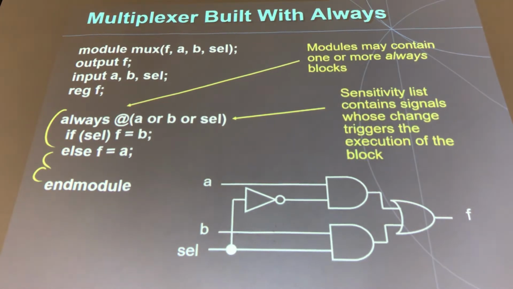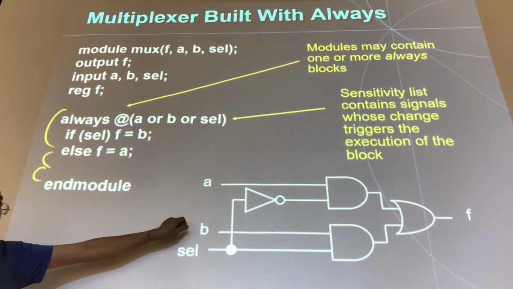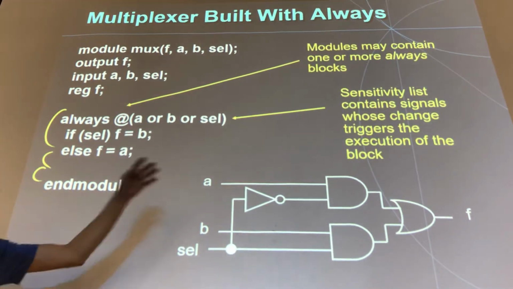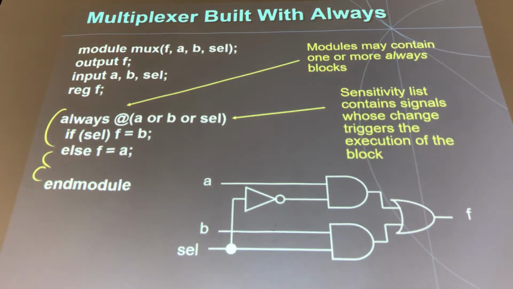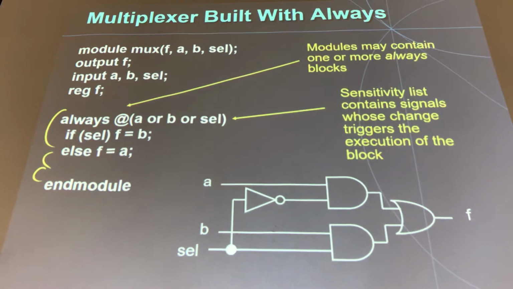When A or B or cell changes, any one changes, from 0 to 1 or 1 to 0, you have to do this again to get the new value of F. Right? That's exactly what this 2-to-1 multiplexer does. When A, B, cell are given specific values, you get F. But if one input changes, you have to re-evaluate to get a new value for F. Okay. So this is another way to describe a multiplexer. Any questions?